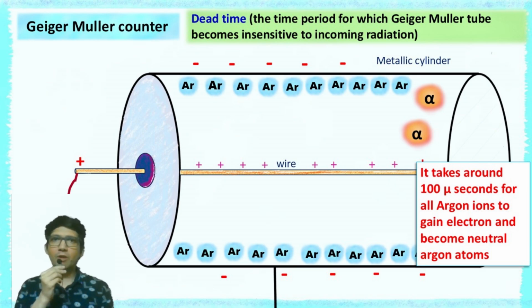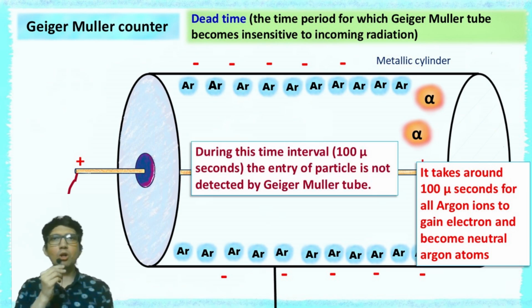Now it takes roughly around 100 microseconds for all the argon ions to gain an electron and become argon atoms. So in the small time interval of 100 microseconds, if any radiation enters the tube, it is not detected. This is because all the argon atoms are not yet ready for another round of Townsend Avalanche phenomenon.